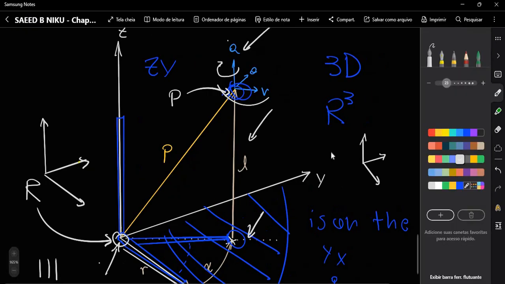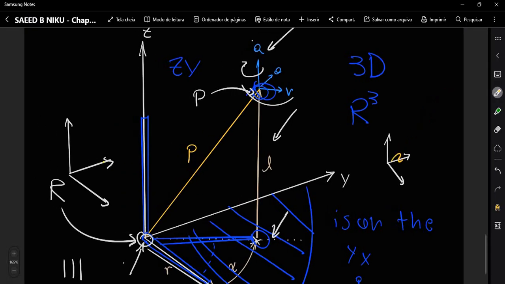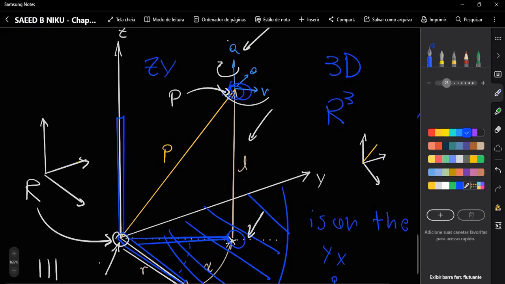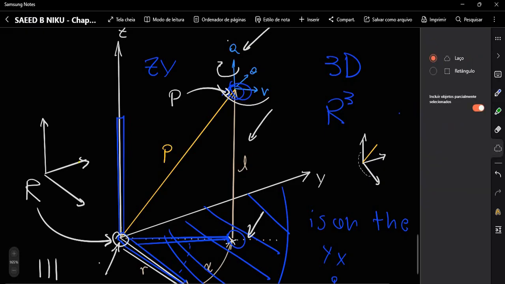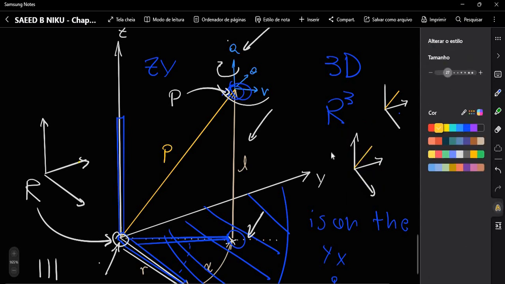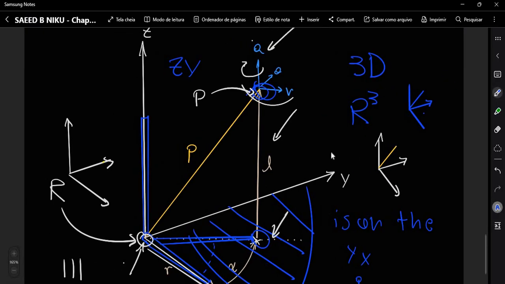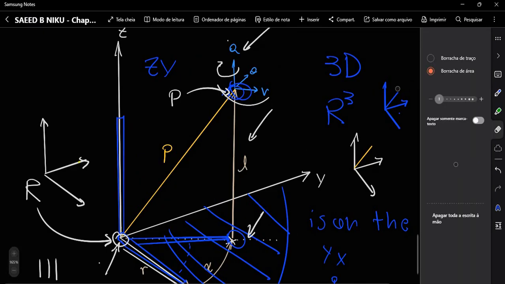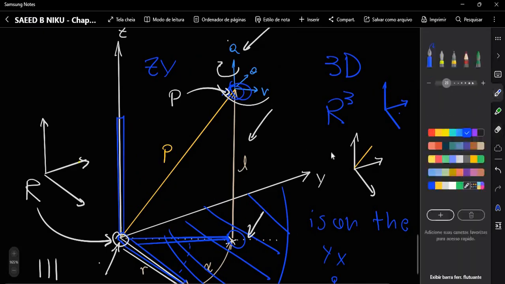And the vector right here, and the point on the end of the vector is r. And now I will do smaller. This I will make bigger. Okay, we are getting there.